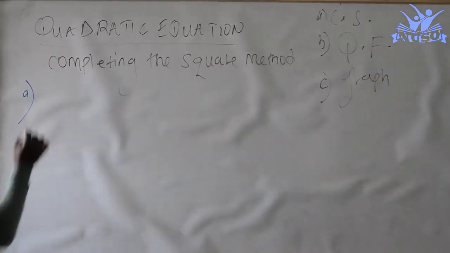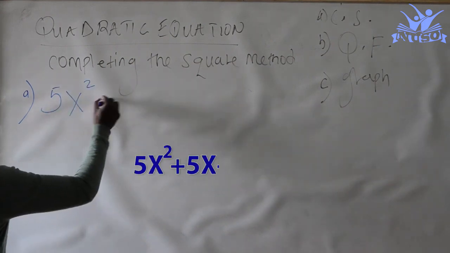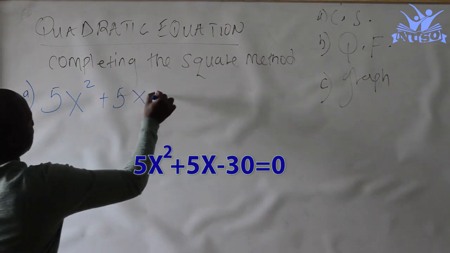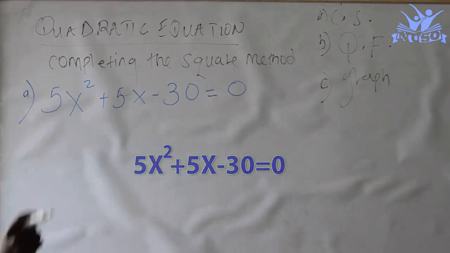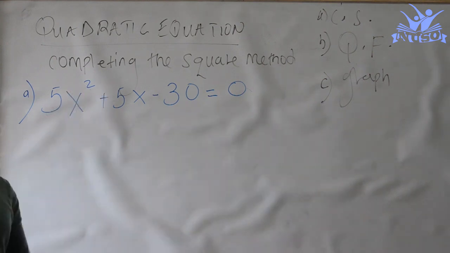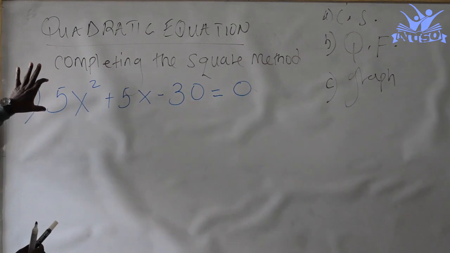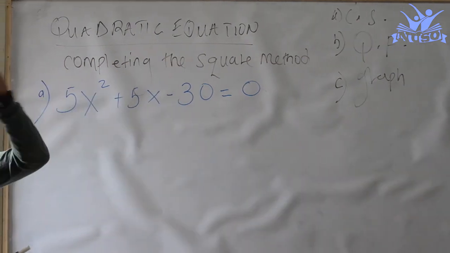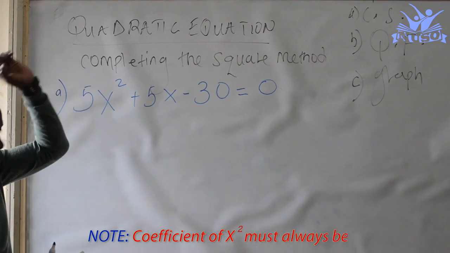A, we have 5x squared plus 5x minus 30 is equal to 0. We want to use the completing the square method to solve this quadratic equation. First things first, you ensure the coefficient of x squared is 1. The coefficient of x squared must always be 1.